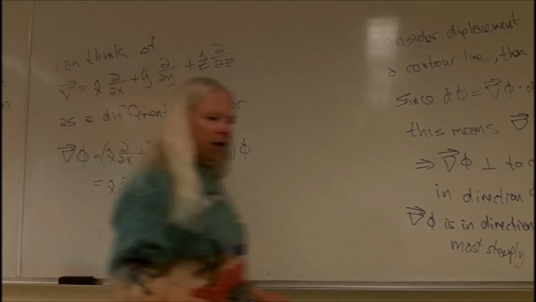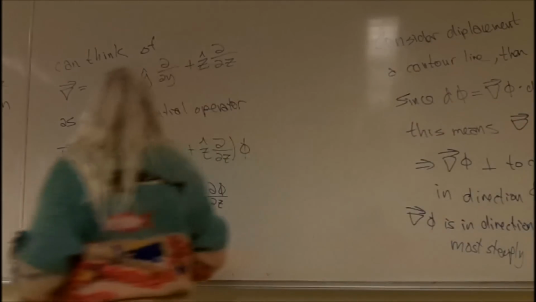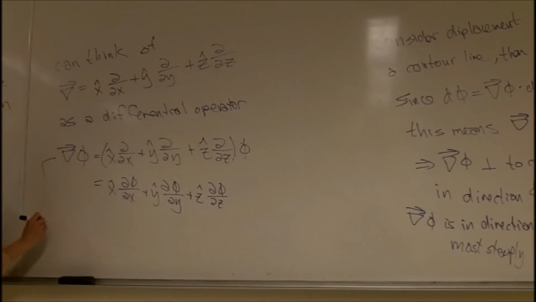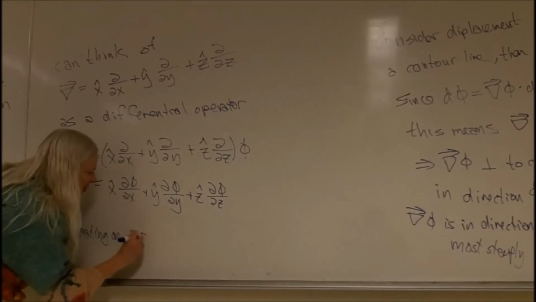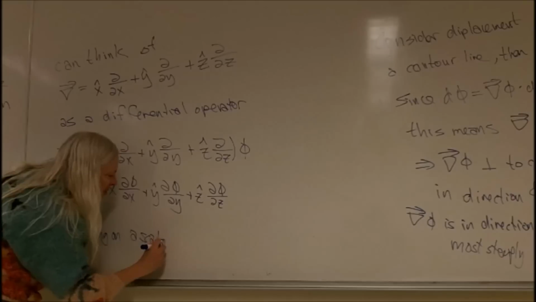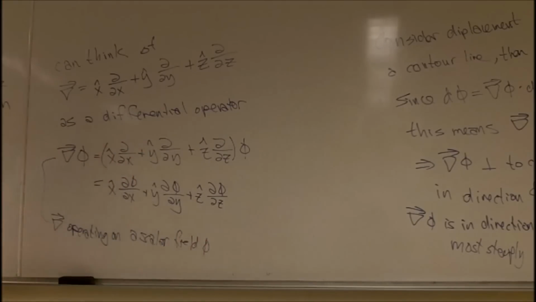So here's a question we can ask then at this point. This is what we get when we have del operating on a scalar field. So here's the question to ask then.